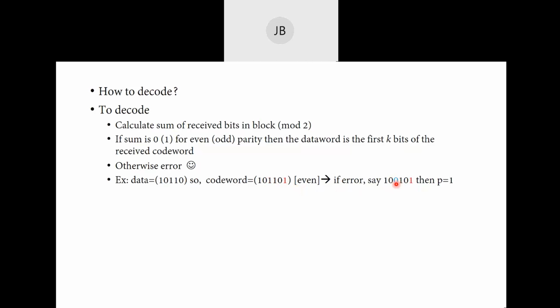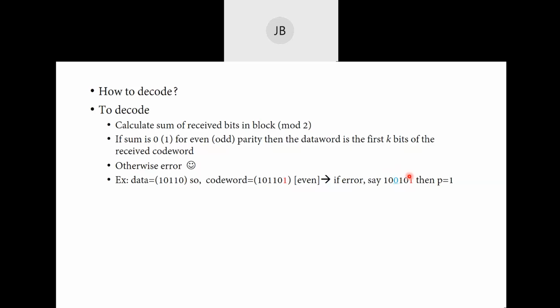Then what happens at the receiver? The receiver will find the sum here. If the sum is 0 in case of even parity, because the receiver while decoding is going to calculate the sum of the received bits. What are the received bits? These are the received bits.